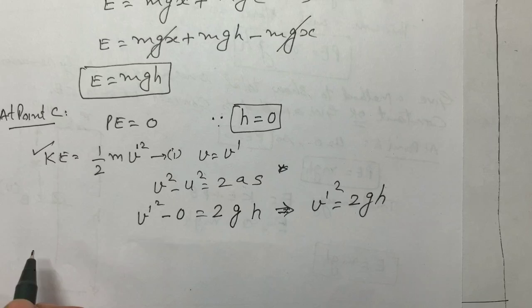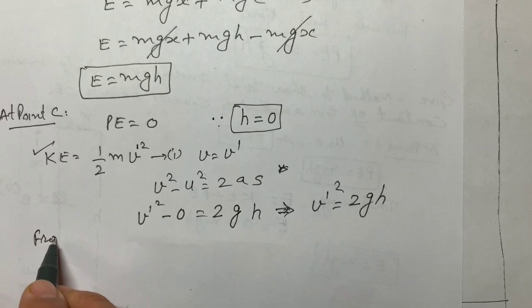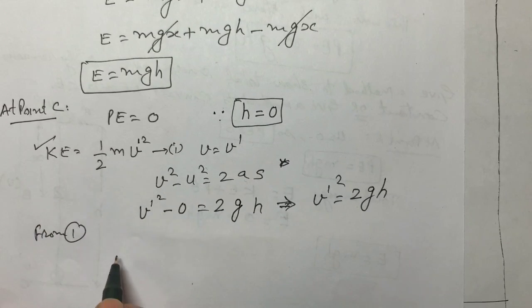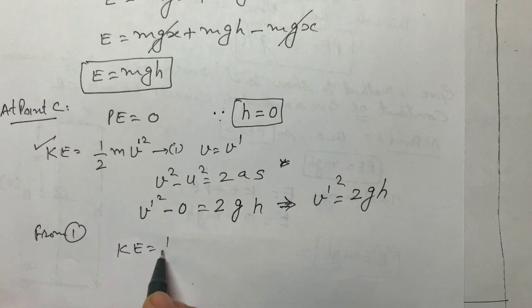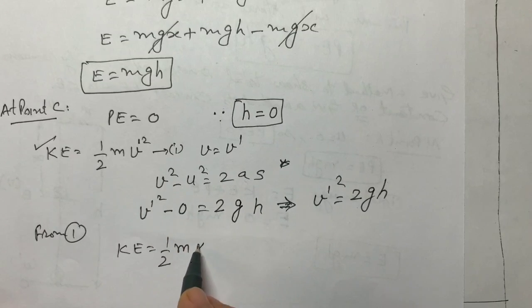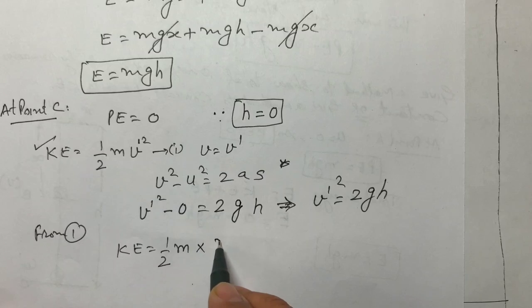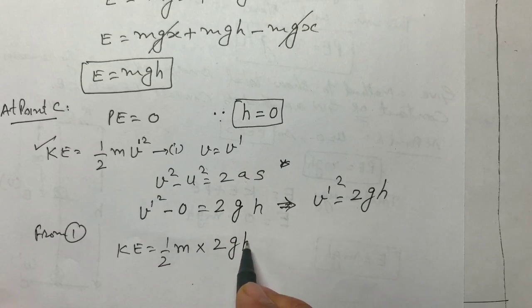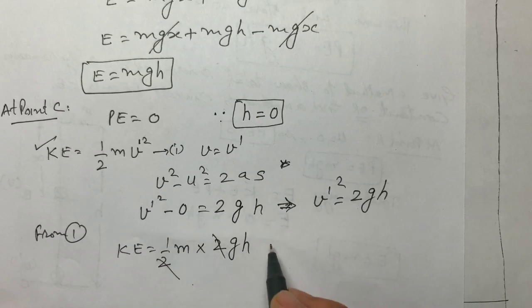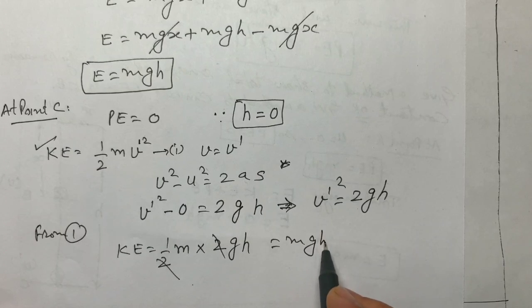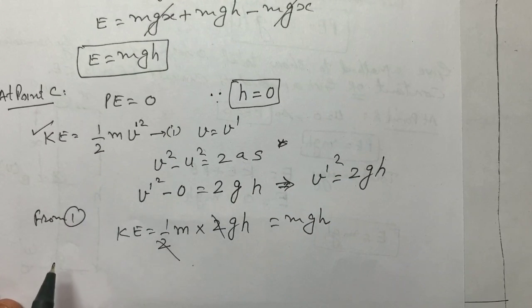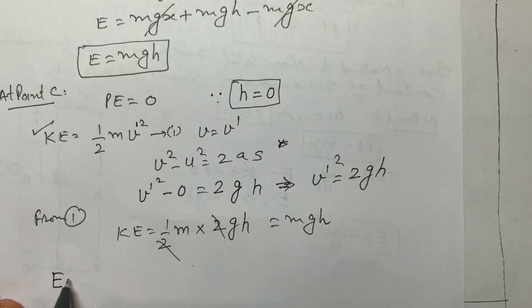Now put this value in the first equation. From the first, kinetic energy is equal to half into m into v dash squared, that is equal to half into m into 2 g h. Now 2 cancels with 2. You get mgh. Now at point C, kinetic energy is mgh, potential energy is 0. So total energy at point C is, this is known as the total energy.